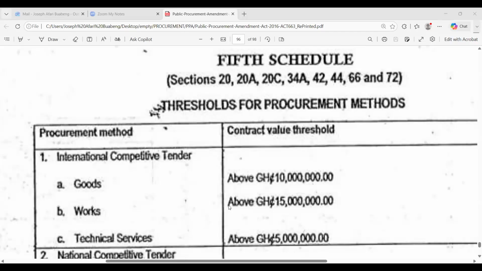I want somebody to respond to this question. Now we know that if the value is this, we use this particular method. But how will you, the entity, arrive at a particular value and say that because the value is 1 million, 2 million, and according to the threshold, we are using this? How would the entity arrive at a particular figure?